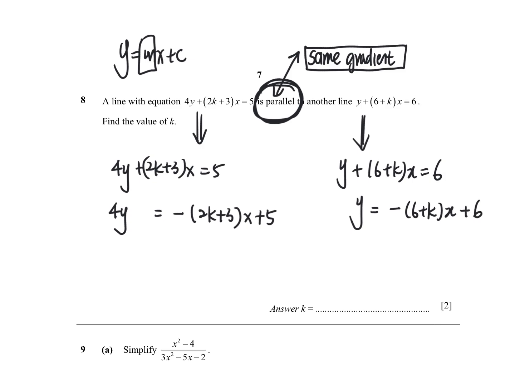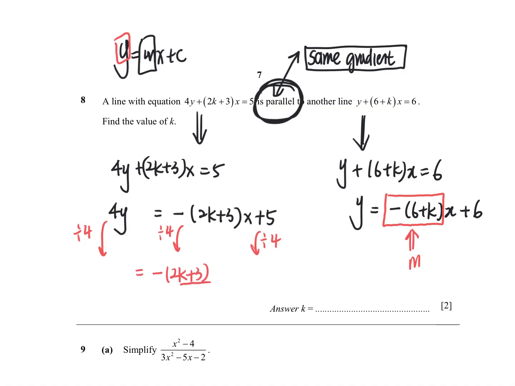Then actually my gradient is staring at me here. So this one is the gradient of this line. Okay, but the other one is not the gradient yet because it's y equals to mx plus c, but I got 4y. So I must divide by 4 throughout first. So everything divide by 4. So the gradient now becomes this one, divide by 4.